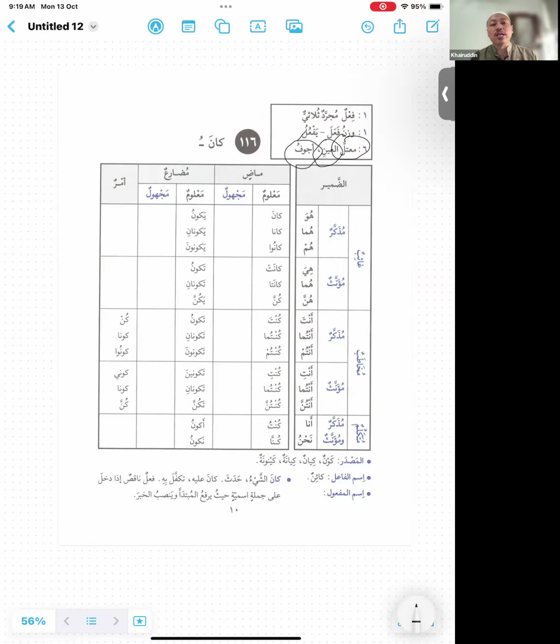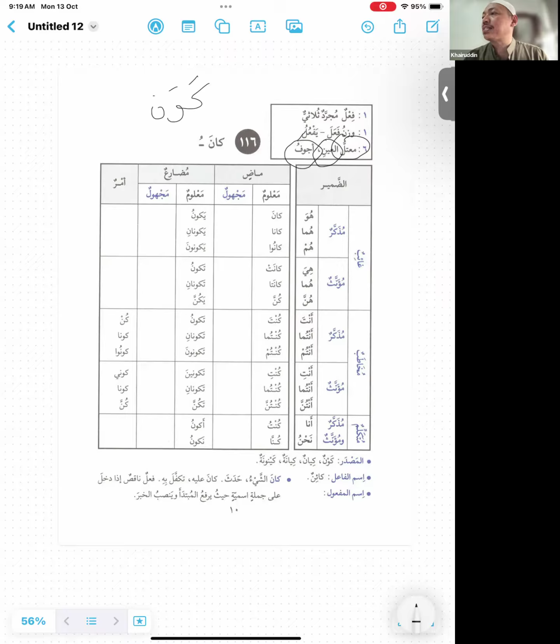It's just that over the years the Arabic language has transformed, from its origins, until we arrive at a point where they don't actually mention the ainul fa'al. So the asal, that means the origin of this verb, is actually kawana.